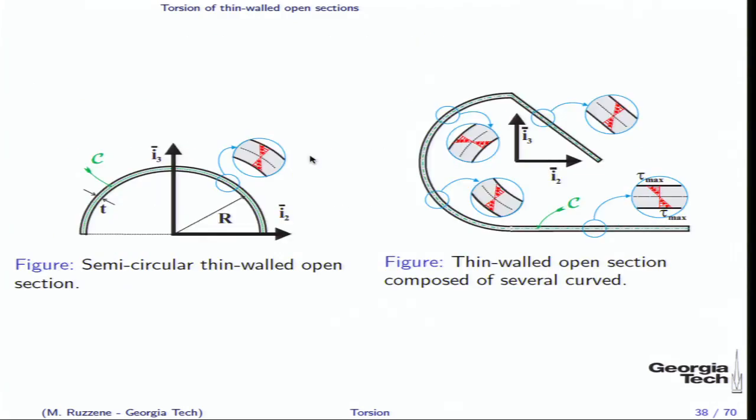Okay, so what do we do if we have multiple components in the same cross section? For example, we have a rectangular thin-walled beam, and then a semicircular cross section, and then a rectangular thin-walled section again.